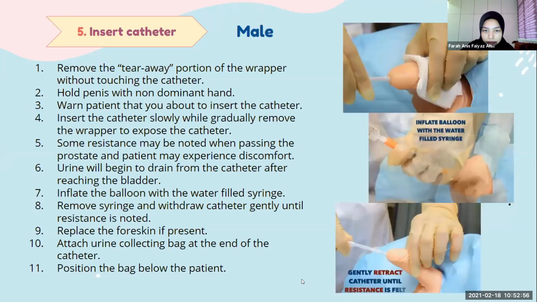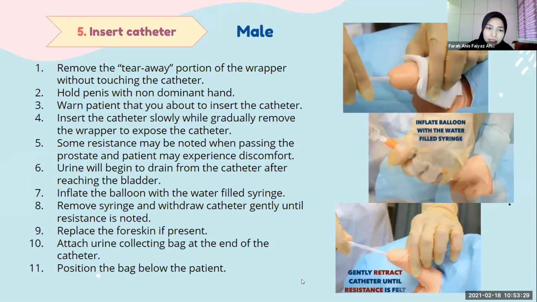After giving the anesthesia, then we can insert the catheter. As for male, the first step is we need to remove the tear-away portion of the wrapper without touching the catheter. This is to prevent us from contaminating the catheter. And then hold the penis with the non-dominant hand, and inform the patient that we are about to insert the catheter, and then insert the catheter slowly while gradually removing the wrapper to expose the catheter.